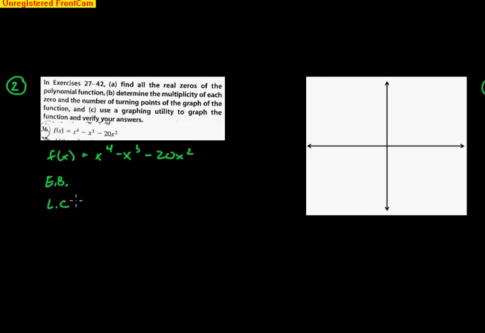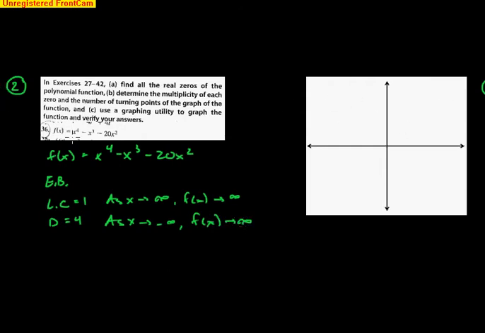The leading coefficient is a positive 1. That means as x goes to the right, the function goes up. The degree is 4. Even means same. As x goes to the left, the function goes up. So we're going to finish up on both sides.